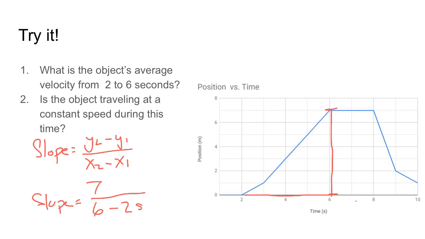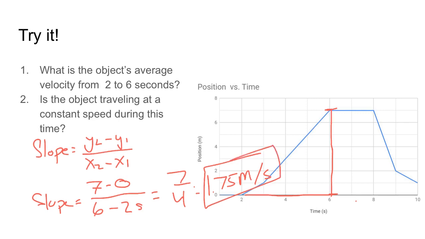So my y2 is my 7 minus 0. And so I end up with a velocity of 7 divided by 4, which equals 1.75. And the units for that are going to be meters per second, because remember my slope equals the velocity as long as it's a position versus time graph.